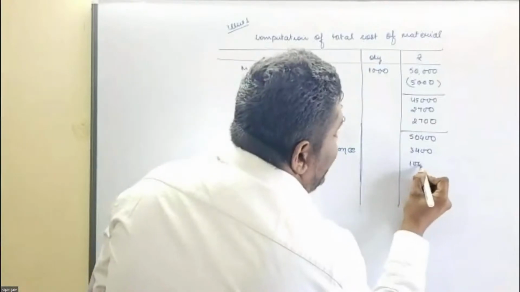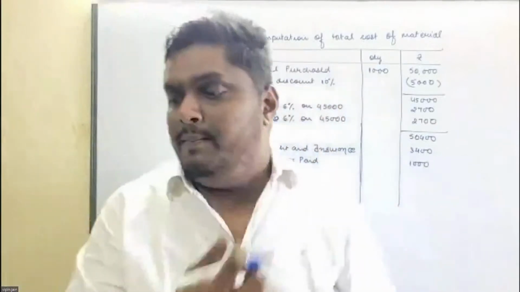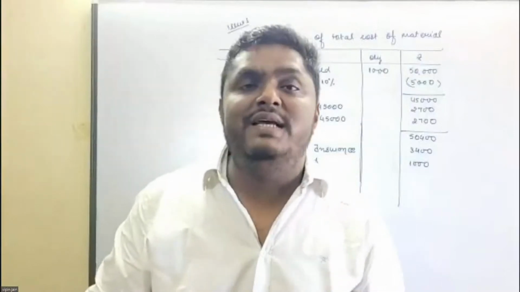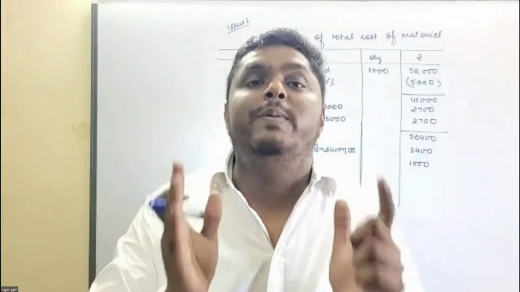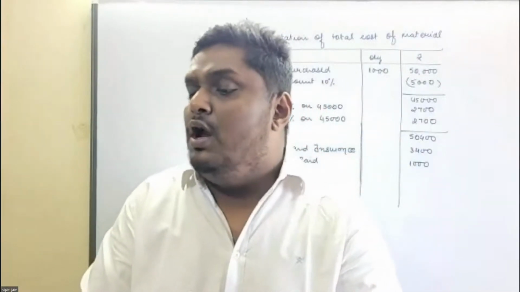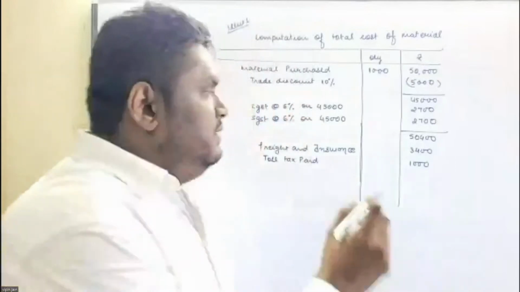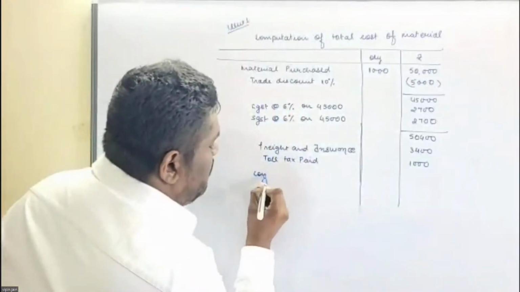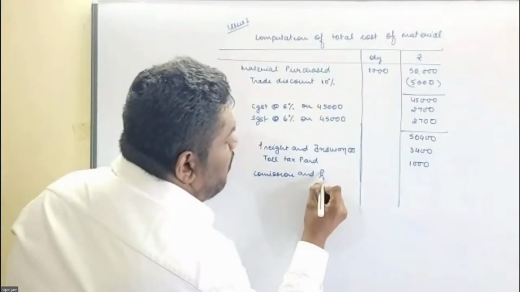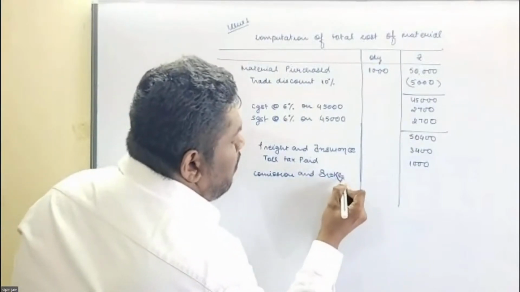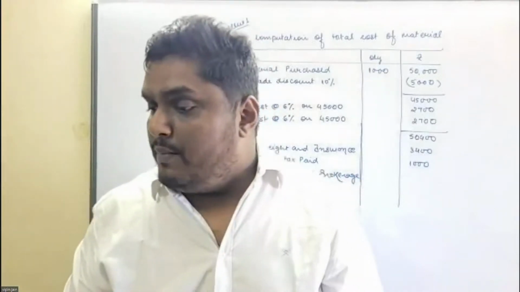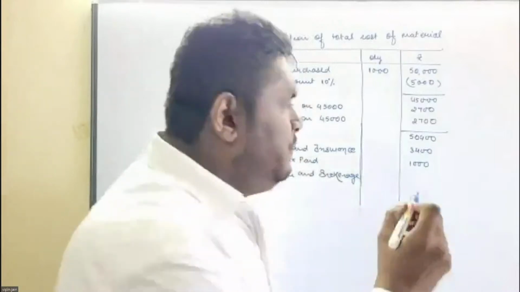Assuming it is borne by the buyer, so 1,000. Demurrage charges, again you guys have to ignore, not to be added to the cost of inventory. So demurrage charges will be ignored. Commission and brokerage on purchase, paid is 2,000 rupees.